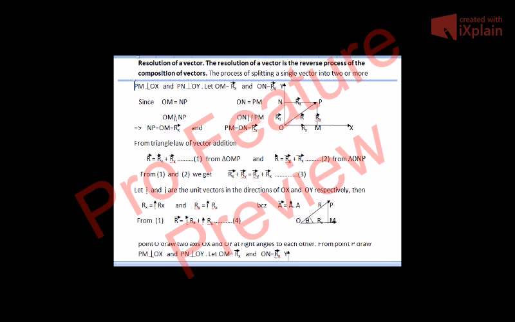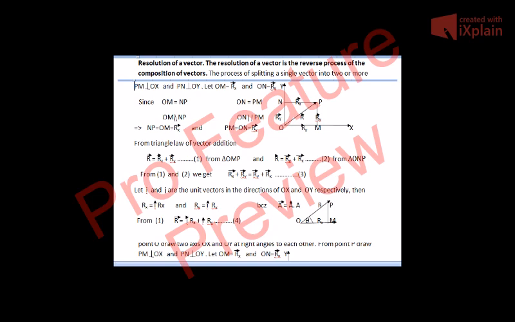Let us denote this by equation 1. Similarly, R is equal to Ry plus Rx. This is from triangle ONP. From triangle OMP, we get R is equal to Rx plus Ry, and from triangle ONP, you can see from the figure, R is equal to Ry plus Rx. So from equations 1 and 2, we get Rx plus Ry is equal to Ry plus Rx. Let us denote this relation by equation 3.